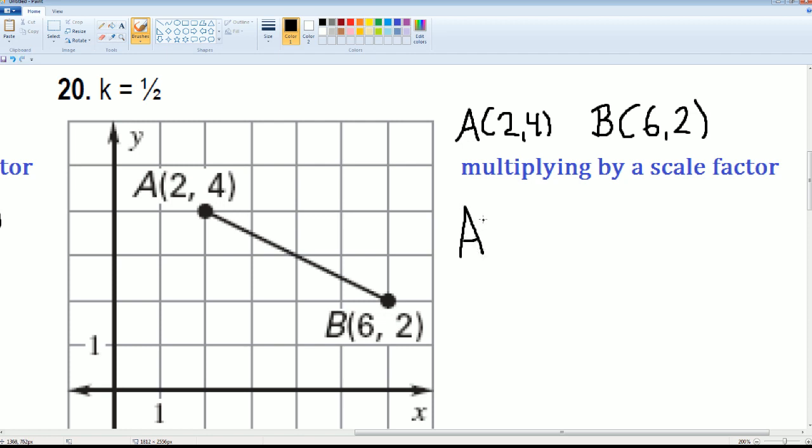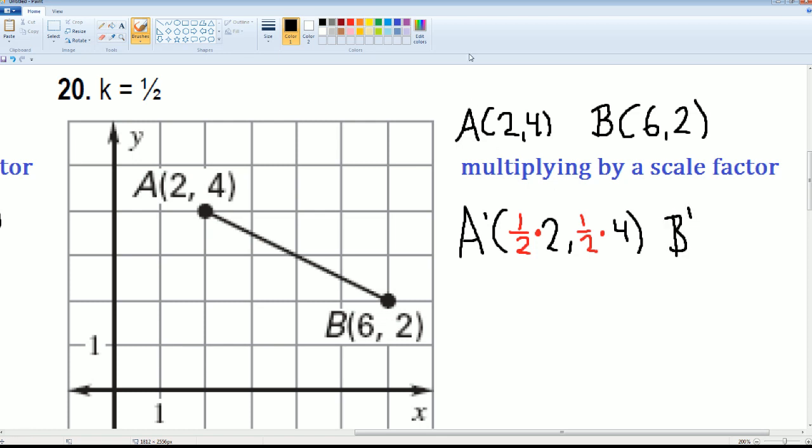A prime is going to be when the 1/2 multiplies the 2. Then the 1/2 is also going to be multiplied to the 4.